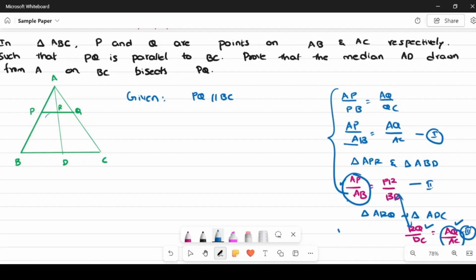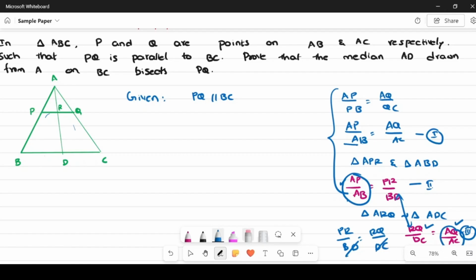PR by BD is equal to RQ by DC. But AD is a median. Since it is a median, it bisects the opposite side BC. That means BD and DC are equal. Since these are equal, we can cancel them. Then PR is equal to RQ. That's what we need to prove. Therefore, it implies that AD bisects PQ.